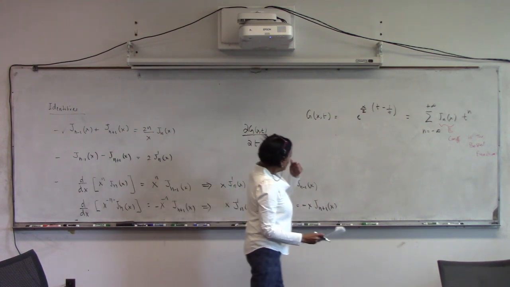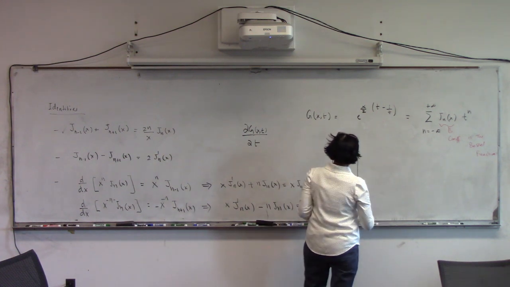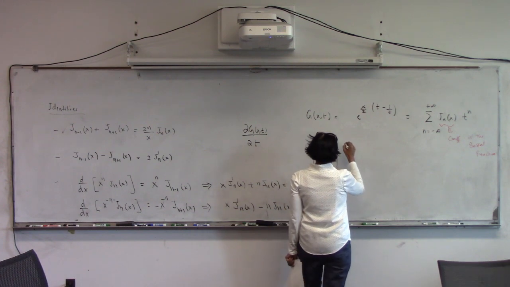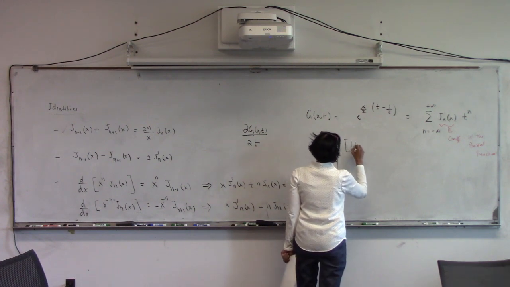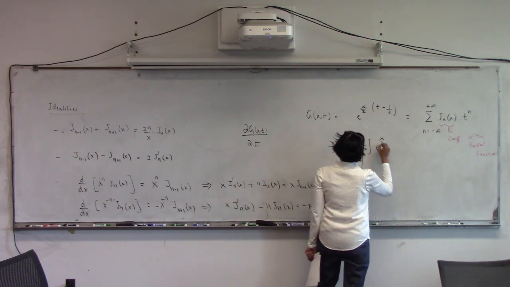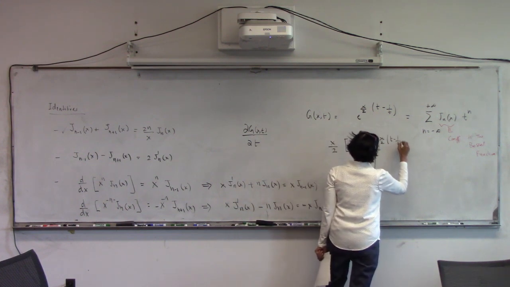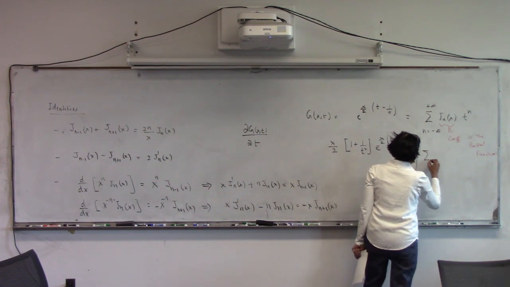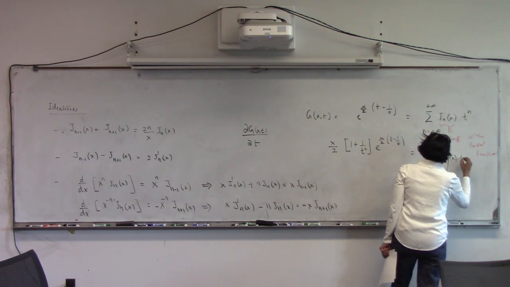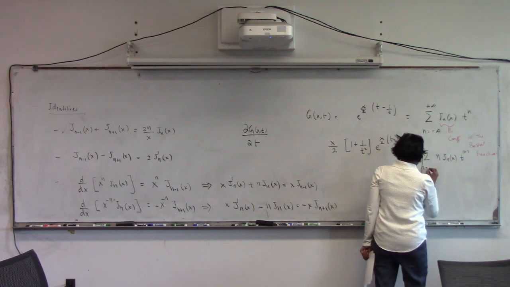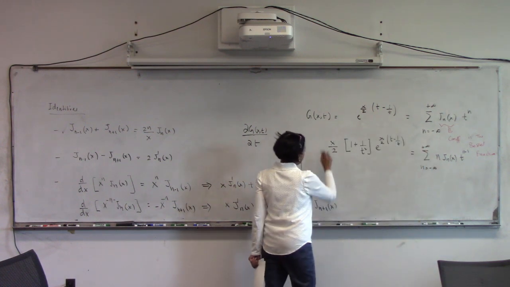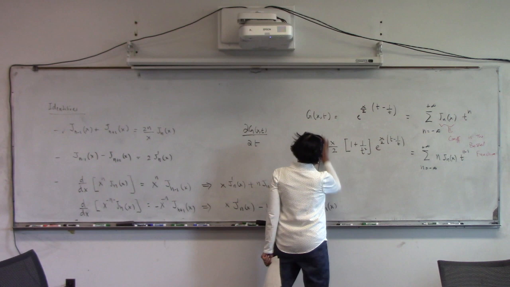Alright, so when I do that, what do I get? x over 2, 1 plus 1 over t squared, exponential of x over 2, t minus 1 over t, equals summation of n J_n(x) t to the power n minus 1, n going from negative infinity to plus infinity. Alright.